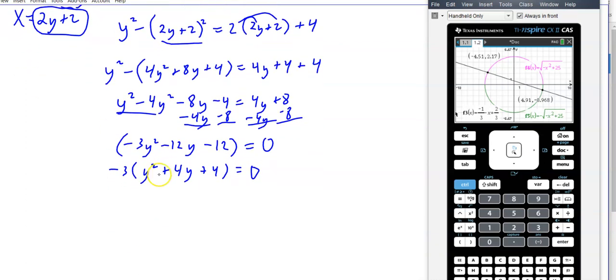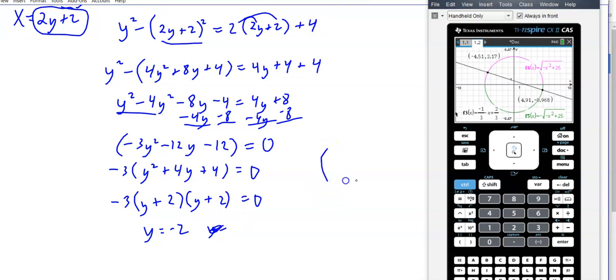So we get negative 3 times, hoping this factors, I think it does. So y and y, 2 and 2 probably, plus and plus. I think that works. So I get y equals negative 2 and y equals negative 2. So I get the same answer twice. Okay, so y is negative 2.